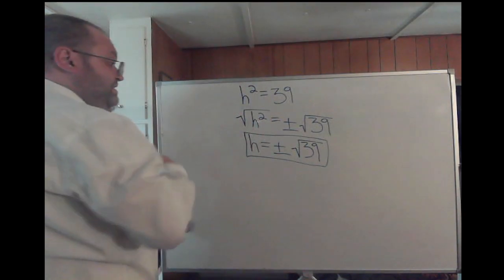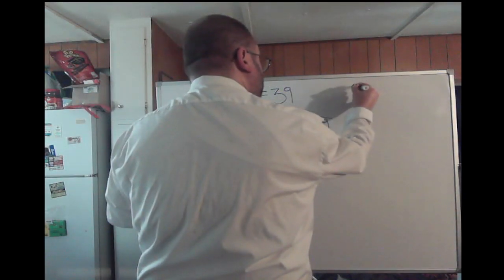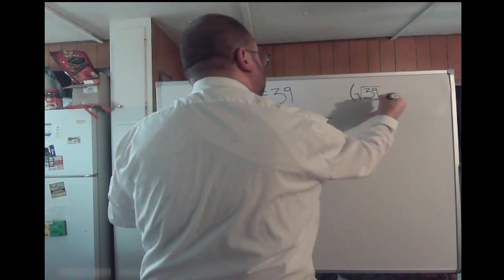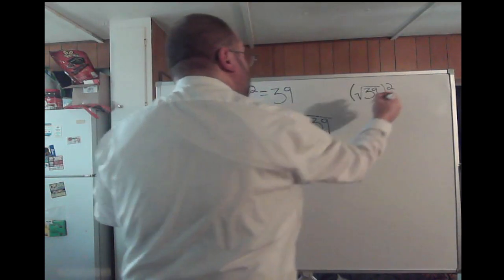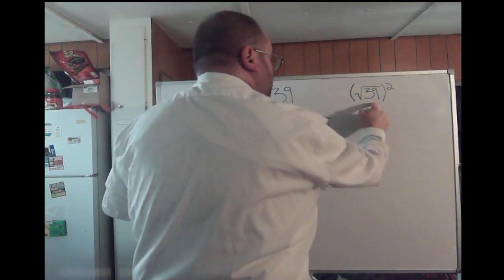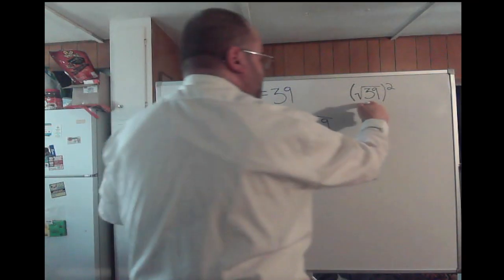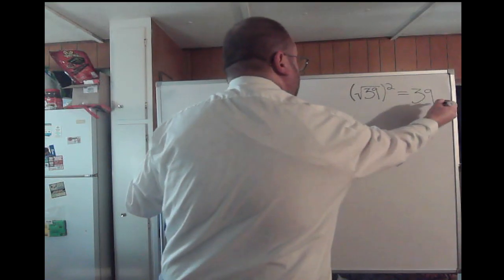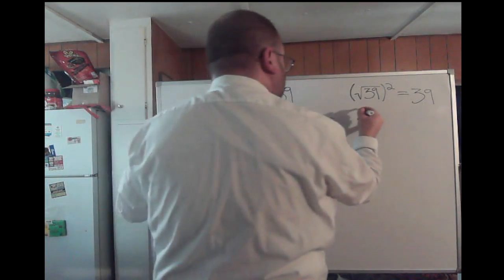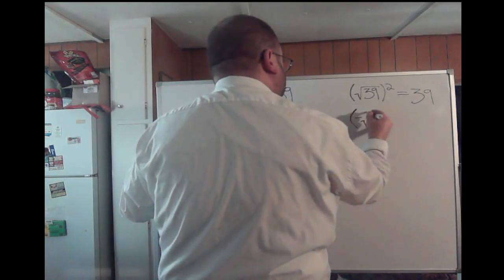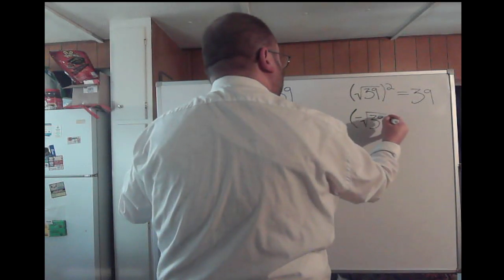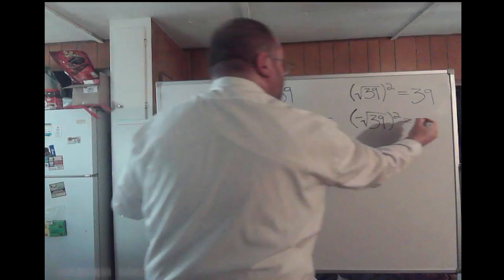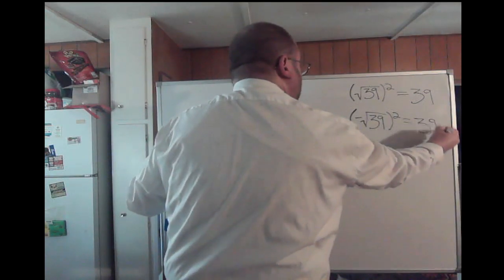And once again, to demonstrate this, if I put in the square root of 39, and I raise that to the second power, whenever you raise the square root of a number to the second power, it cancels out the square root, and you just get the number that's underneath the square root symbol. So you would just get 39. And if I take the negative of that square root, well, a negative squared is a positive, and I would just get the number inside the square root, which would also be 39.